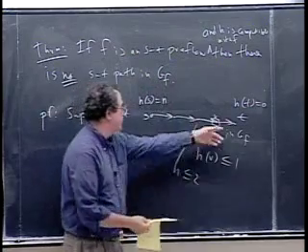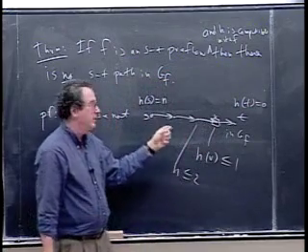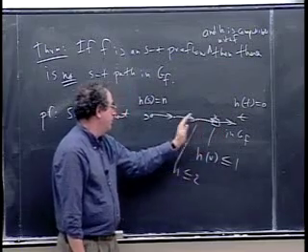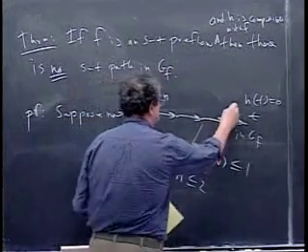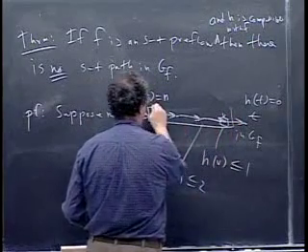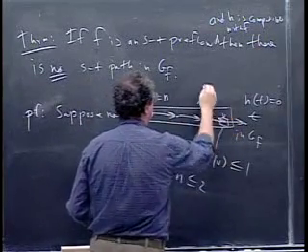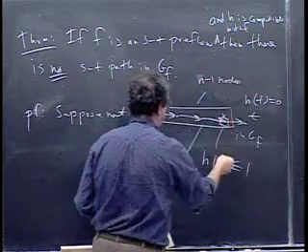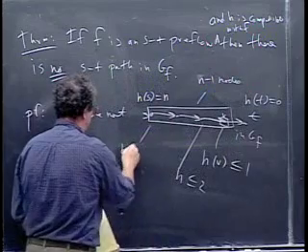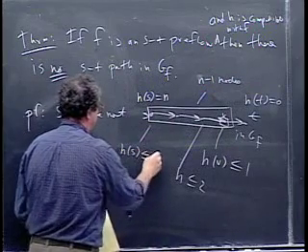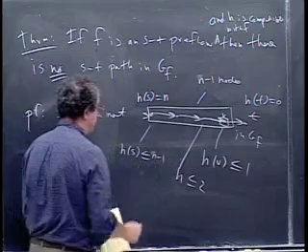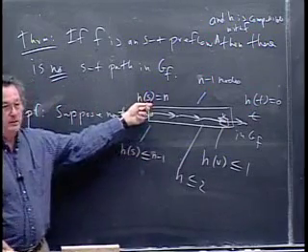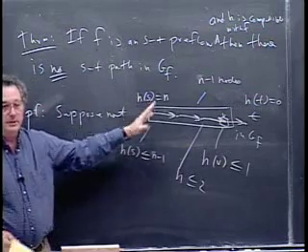Following this chain backwards, how many nodes are in here? If we go that way, that's n minus 1 nodes. So that chain of reasoning says h of s is less than or equal to n minus 1. But we know that h of s is equal to n. So that's a contradiction.